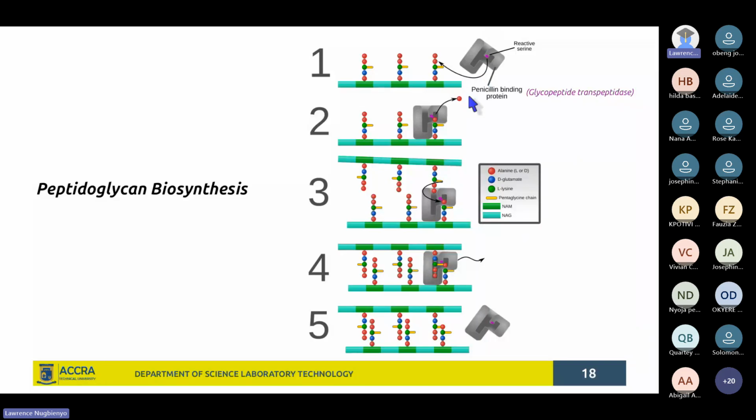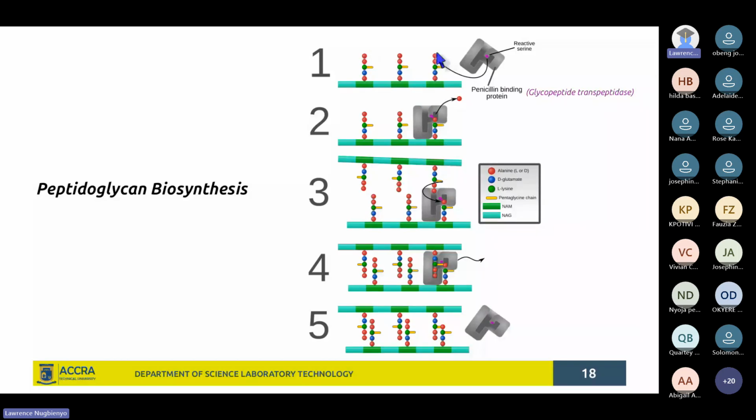Now quickly, what you notice is that in the active site of that penicillin binding protein, you have the serine that is interacting with the peptide. The first thing that happens is that in the bond you should have a tetrapeptide, but when you look closely at the peptides, they are 5.